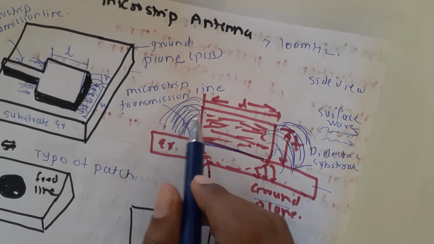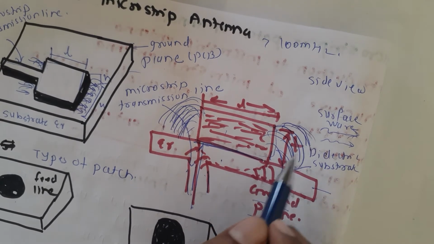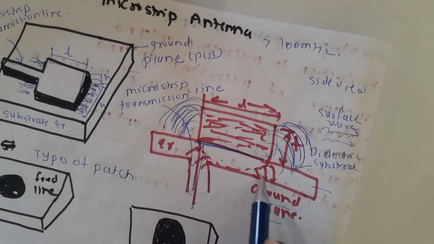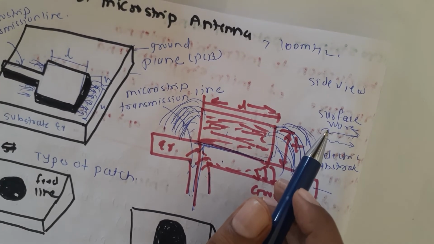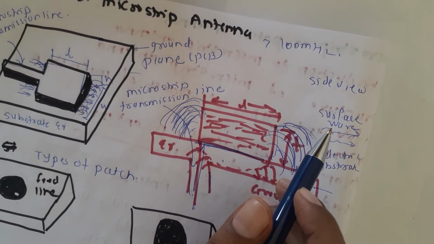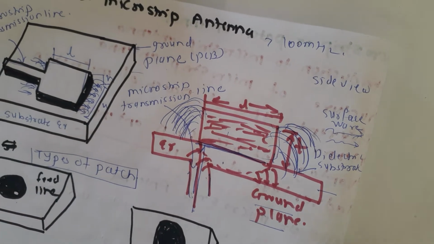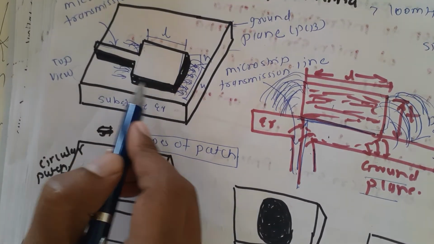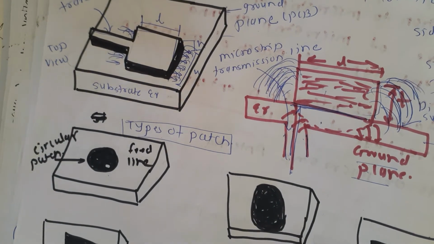That means radiation is limited to a particular small extent, and due to this ground plane, the surface wave is also generated. Then afterwards, we will go to the different types of patch for microstrip antennas. Again, if we change the type of patch, the radiation also changes.